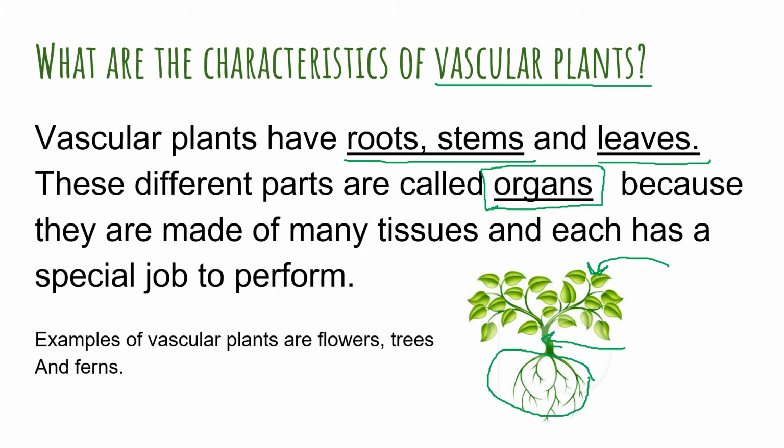So their job is to make the food. The stems kind of transport the food, and the roots help gather minerals for the food to be made, as well as water. So these are all called organs because they are made of many tissues, and each one has a special job to perform. Examples of vascular plants are honestly probably anything that you're going to think of right off the bat. Any kind of flower, tree, and even ferns.